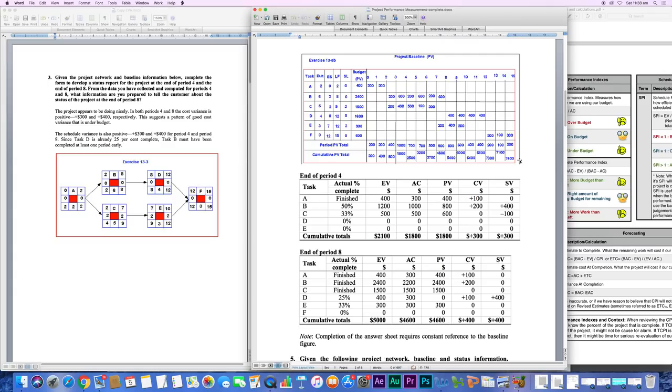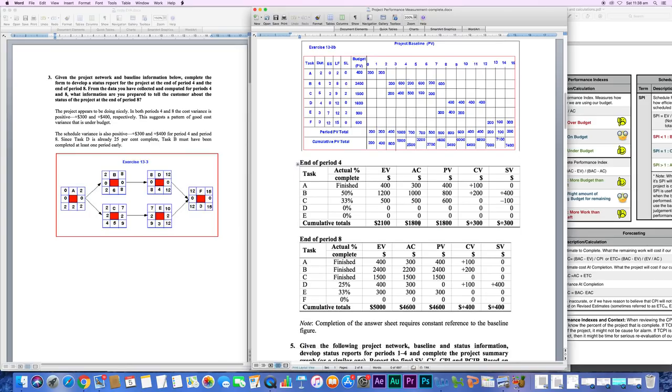And what the question asks now is to report the end of period 4 and end of period 8. And in your textbook, the tables are given for end of period 4 and 8, and some data is given. Which data is given? Actual cost. That's something you cannot determine, because they are telling you how much you're actually paying.